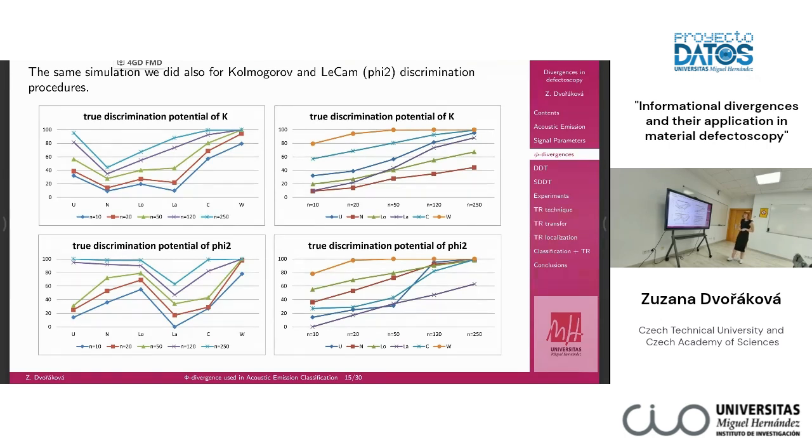Similar plots, and you can see that Kolmogorov works very well for Weibull, Cauchy, and uniform, but it doesn't work for normal, logarithmic, and Laplace. And in the case of Lekan, it works for Weibull, normal and logarithmic, but there are lots of mistakes for the Laplace distribution.